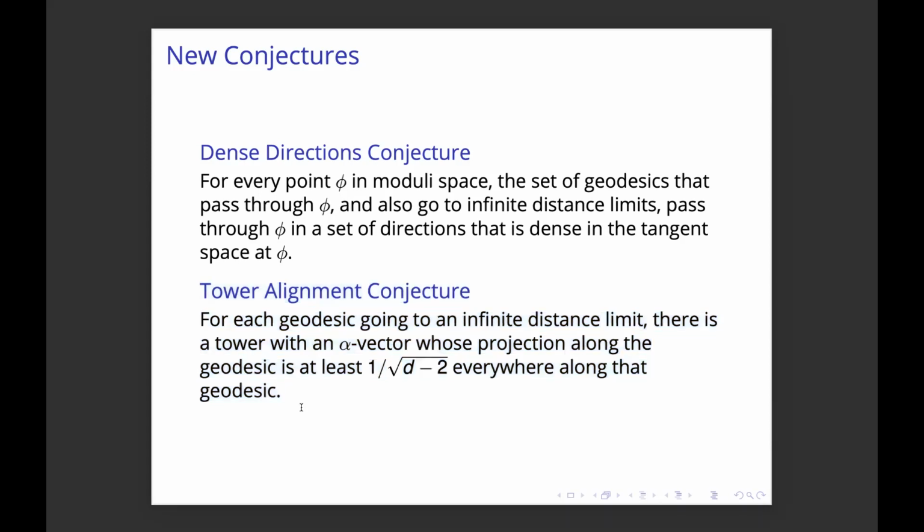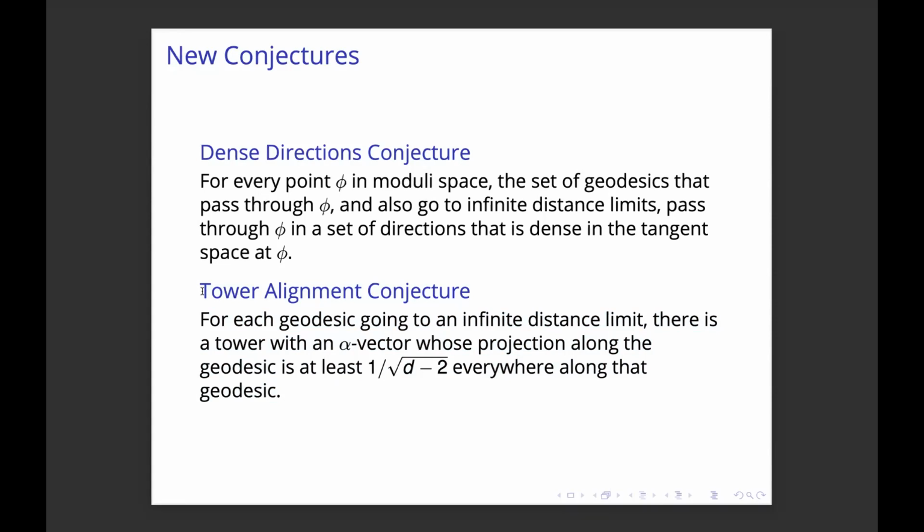And in fact, this version combines with the dense directions conjecture to give the scalar weak gravity conjecture. Some weaker versions of tower alignment do not give the scalar weak gravity conjecture. So the way this argument goes is with the dense directions conjecture, if I pick any direction in the tangent space, I can find an infinite distance geodesic arbitrarily aligned with that direction.